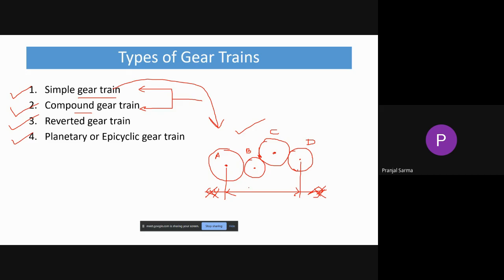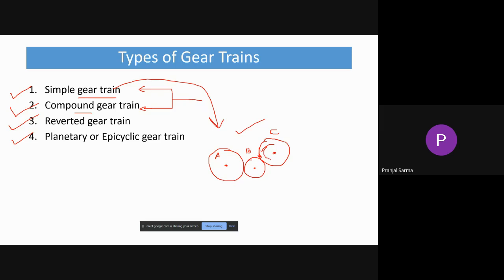That is my question. Basically, everywhere you can see, on a single shaft, one single gear was mounted.